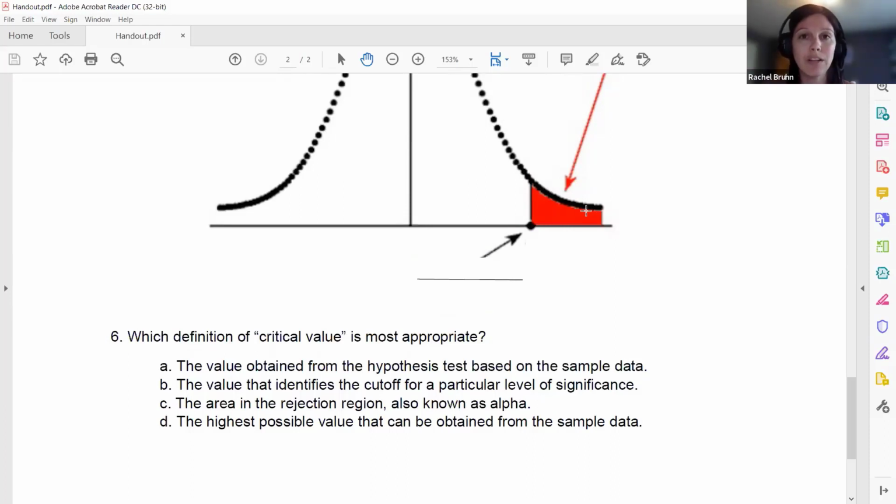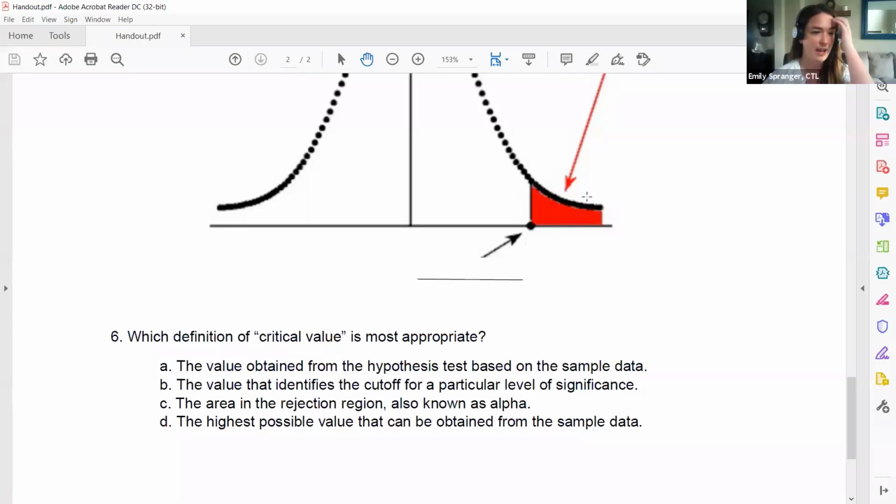Or it could be a critical value for a given test statistic, like the t-score that cuts off 5% or 1% or whatever chosen percentage I have for this rejection region. The critical value is that cutoff. My test statistic has to exceed that critical value in order for me to find significance. If it does not exceed it, then it's not significant.